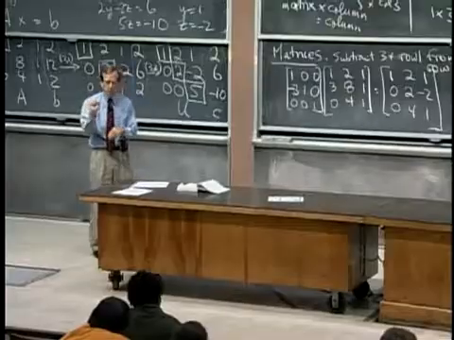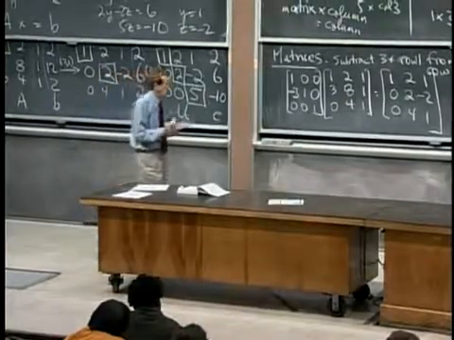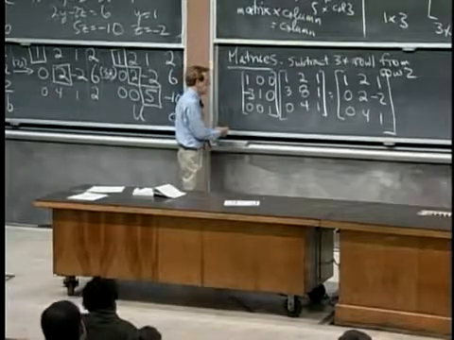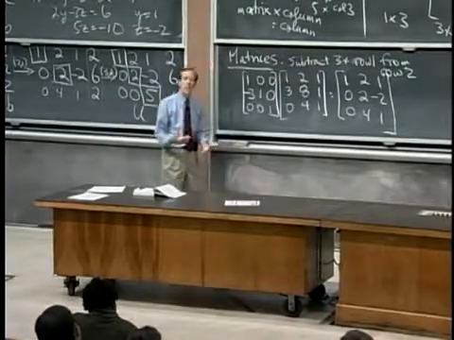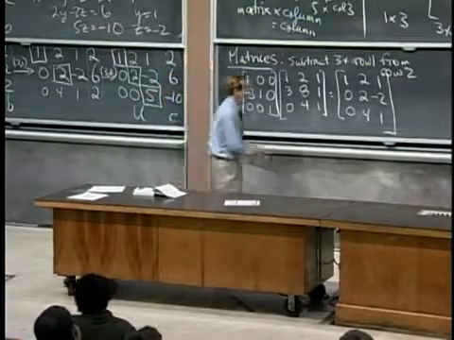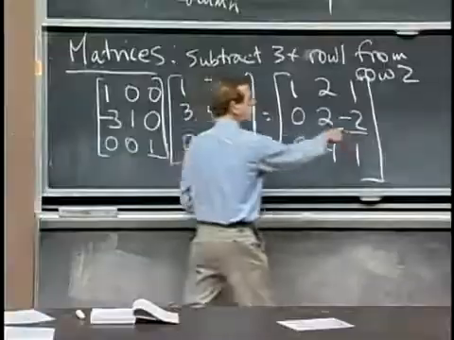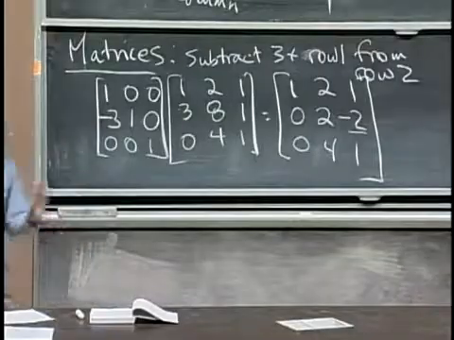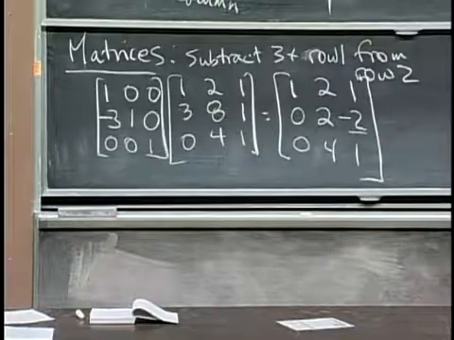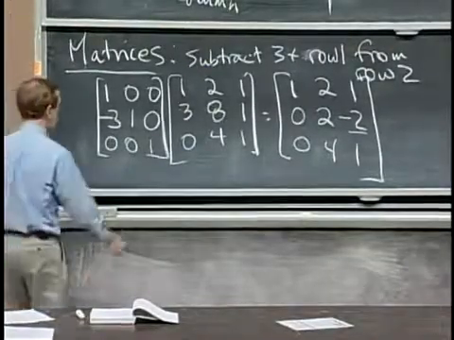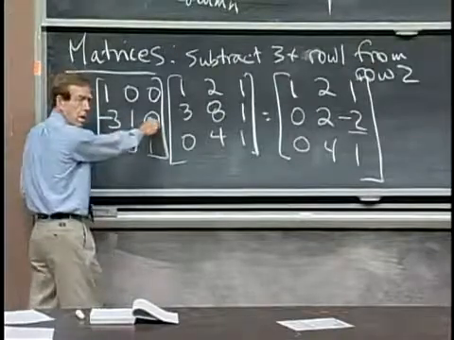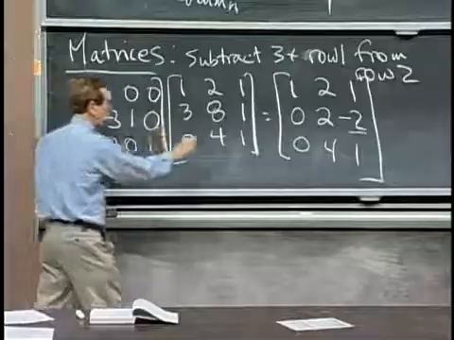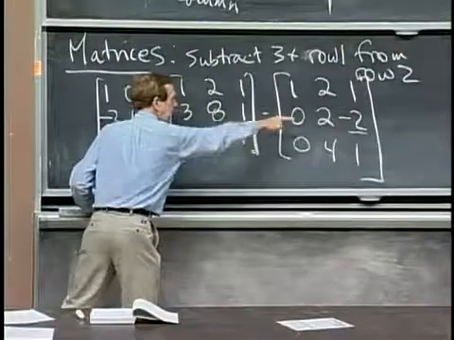some particular entry? How do I check a particular entry of a matrix in matrix multiplication? Suppose I wanted to check the entry in row 2, column 3. I would look at row 2 of this one and column 3 of this one to get that number.